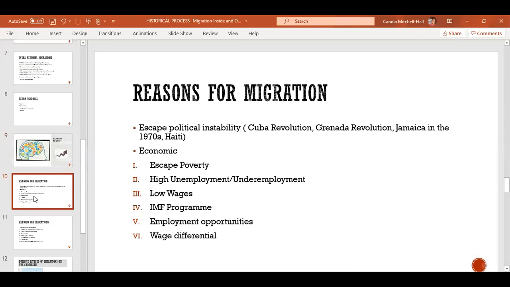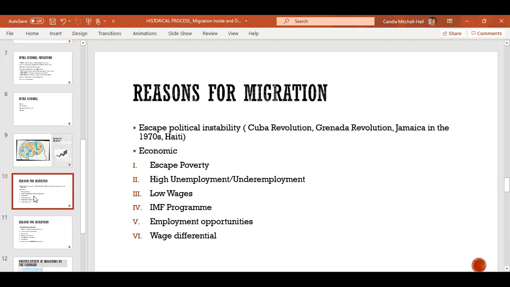Now, during the Cuban Revolution, although I believe that the syllabus, that's my personal view, does not take a well US-based perspective on migration, the truth is that people migrate because of political reasons. Well, the Cuban Revolution is one such example of political instability in which quite a lot of Cubans left Cuba and migrated to the United States and settled in areas such as Florida.